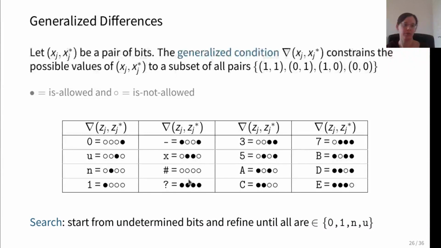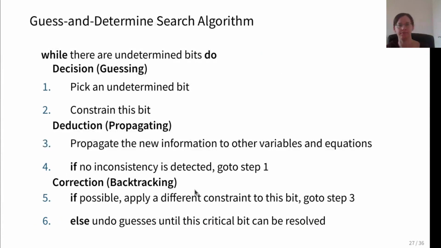What exactly we guess is defined by the detailed search strategy, but what we definitely do is we remove some options, and then we see if we can propagate or deduce anything from this. So by removing some options for one bit, can we also remove some options from other bits? If this works out well and if we don't find a problem, we continue, we take the next bit and so on.